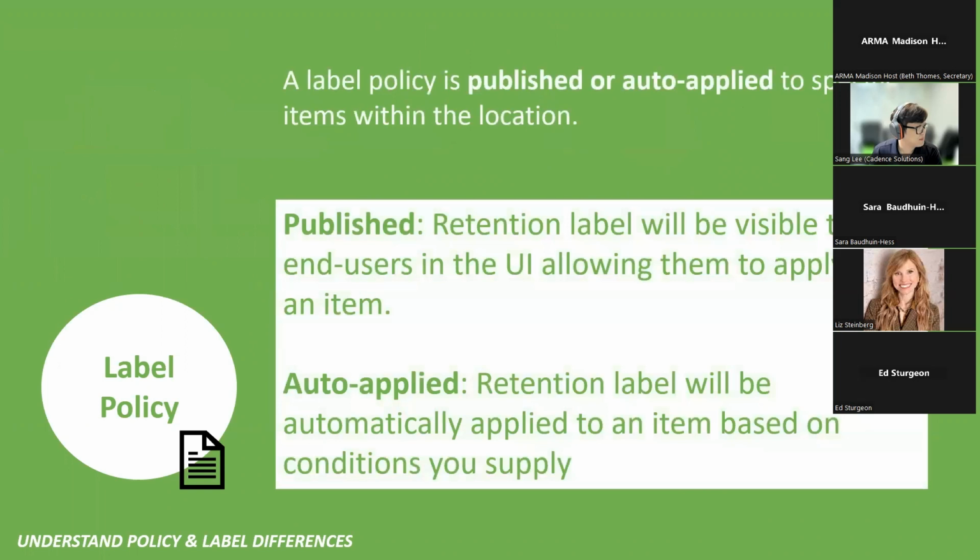Now, as mentioned, label policy has 2 different ways to be applied, either published or auto applied. When it's published, it's visible for the end users in the user interface, allowing them to actually apply it manually to an item on SharePoint Online or Teams. And auto apply will be basically the users do not really see the retention label, but it does get applied onto that item.